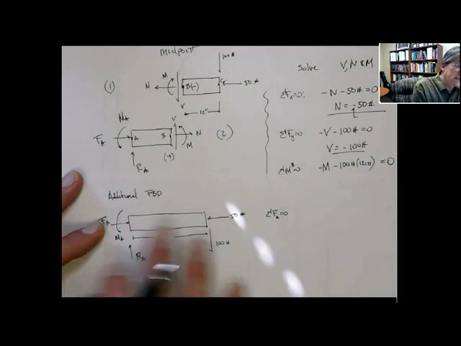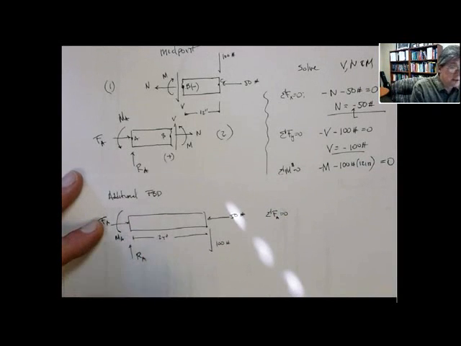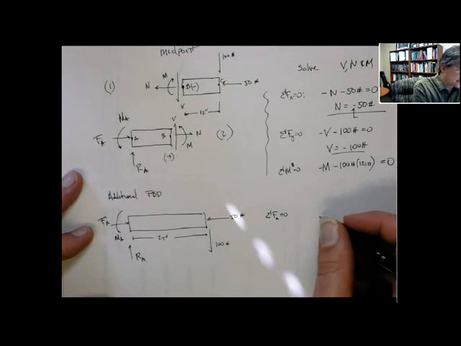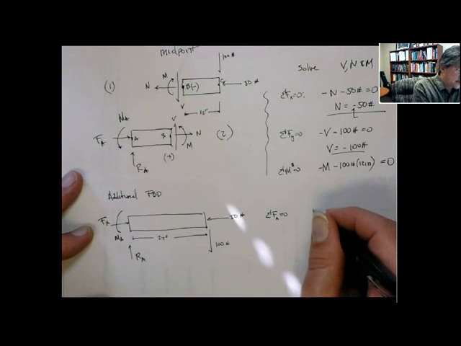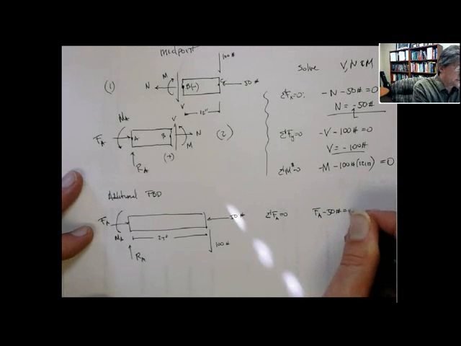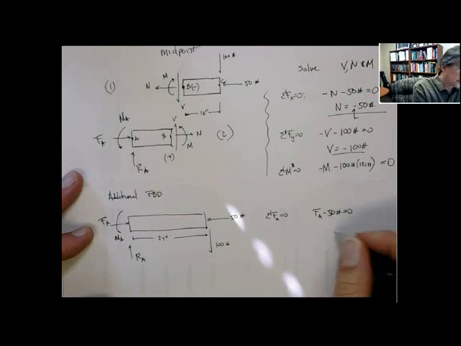So we're going to use equilibrium on a different free body diagram to give us the external reaction forces. And this is fair, okay? Different free body diagram, so equilibrium holds for all free body diagrams in the structure. Sum of forces in the x gives us Fa minus 50 pounds equal to 0, or in other words, Fa is equal to 50 pounds.